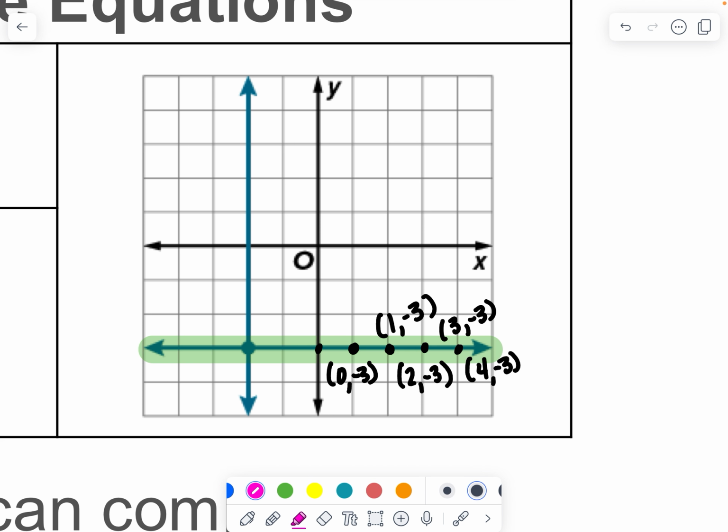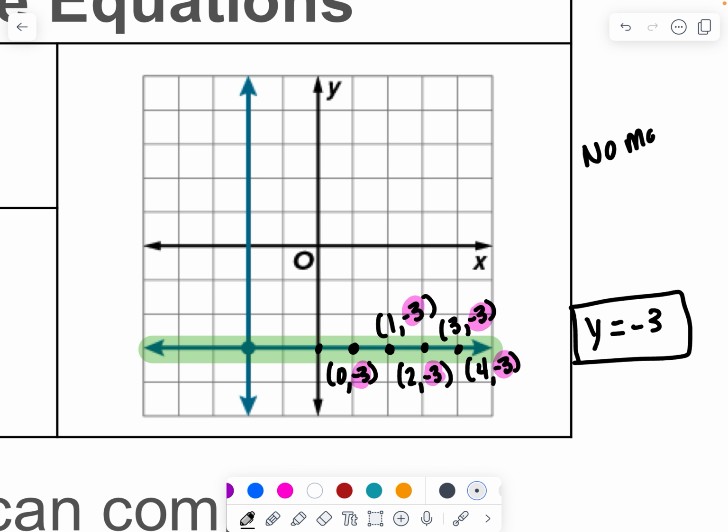Every single one of them has y equaling negative 3. That's why the equation of the line is y equals negative 3, because no matter what x is, y equals negative 3.